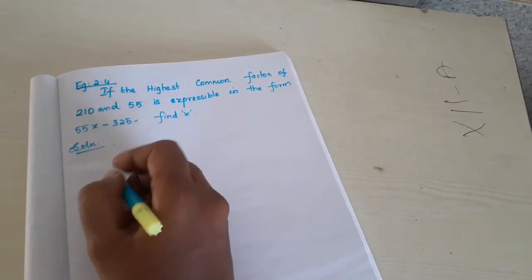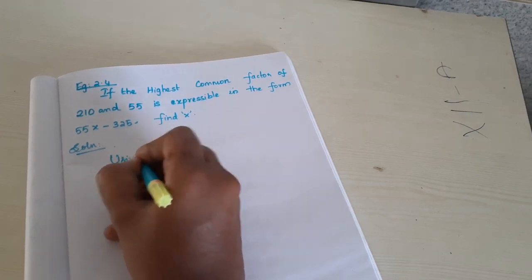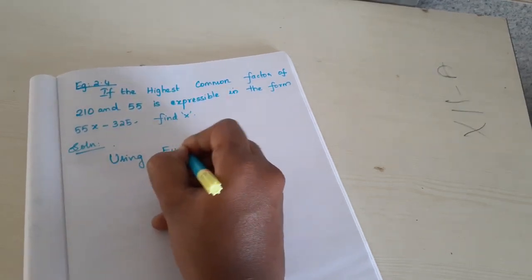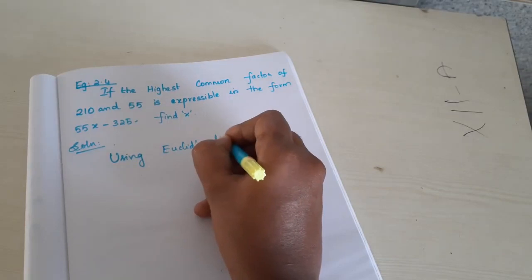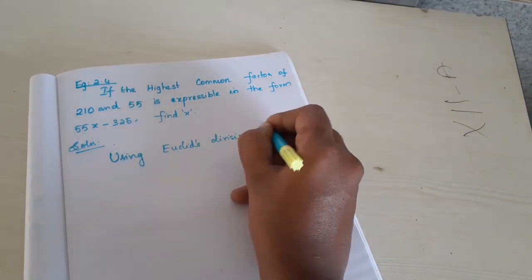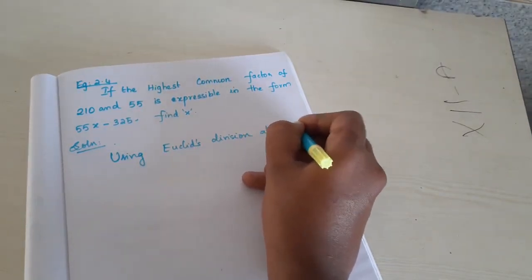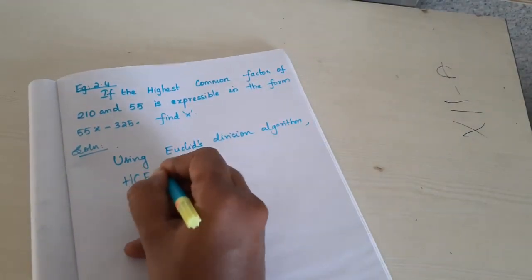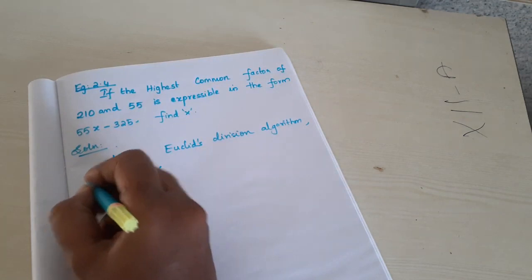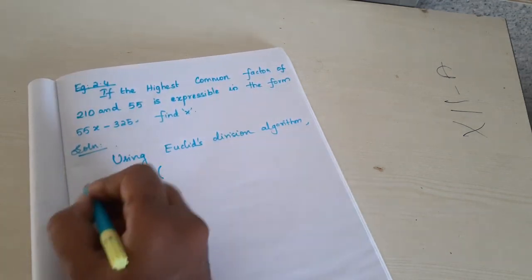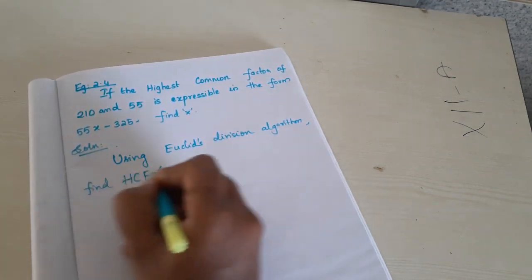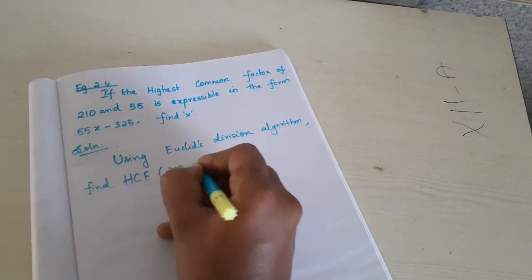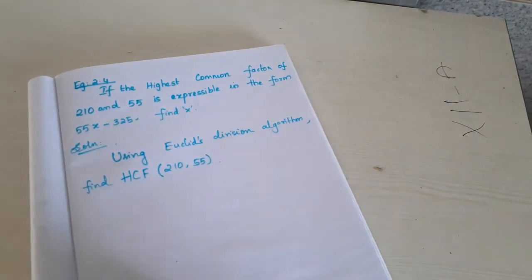So we are going to calculate using Euclid's division lemma, the algorithm. We are going to find the HCF of 210 and 55 using the division algorithm. Okay, shall we start now?